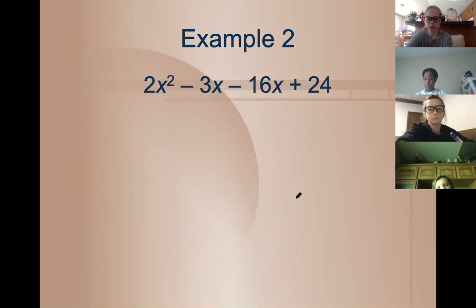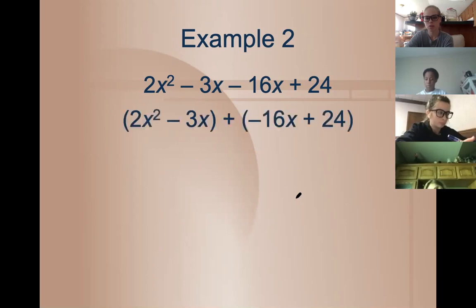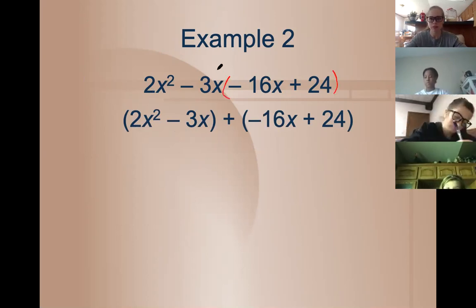I've got 2x squared minus 3x minus 16x plus 24. Okay, what can I do now? Well, I can break these up even. 2x squared minus 3x plus negative 16x and plus 24, okay? So this is a different way to solve it, all right? I'm showing you two different ways.